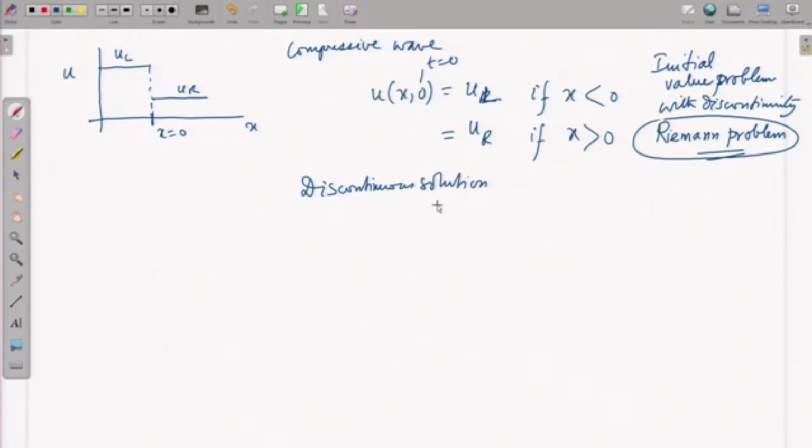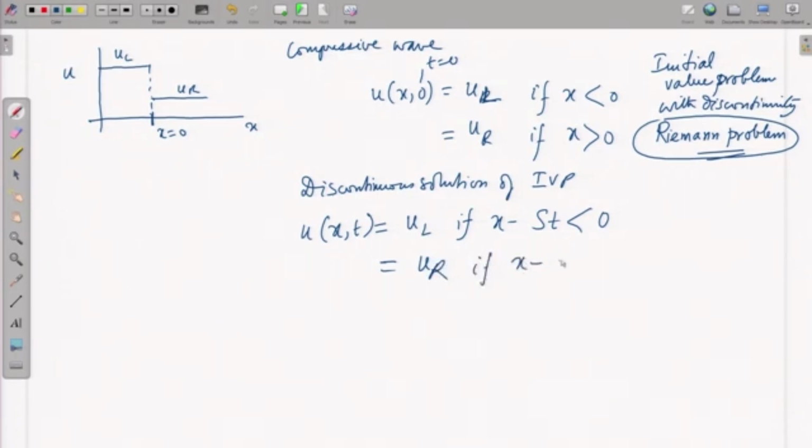So, the discontinuous solution of this initial value problem is given by U(x,t) equal to U_L if x minus S t is less than 0, and U_R if x minus S t is greater than 0. What is this S? S is the speed of the discontinuity.